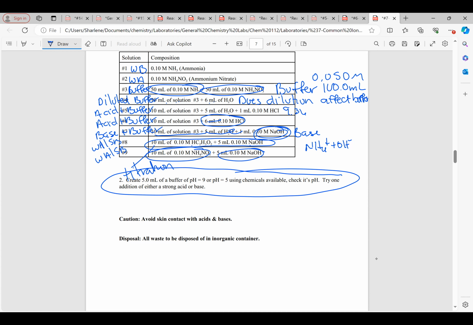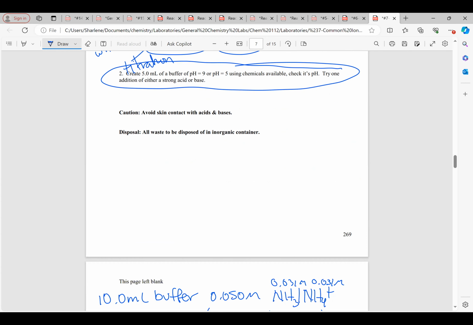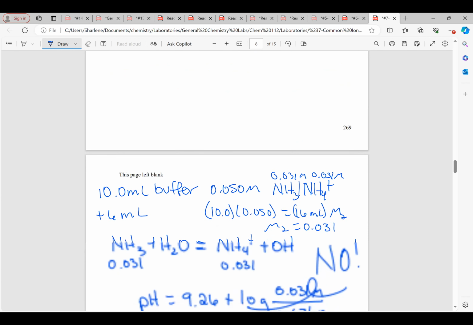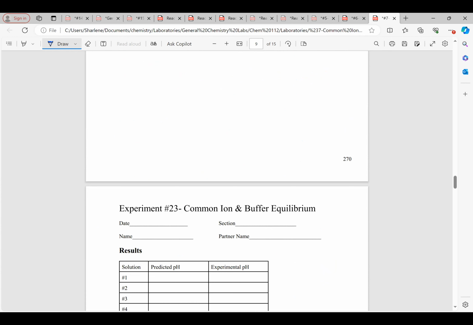And then you're going to add some strong acid to it and some strong base to it and see how it works. So this one will be in your lab notebook. That's your practical application. Probably won't get to that on Thursday, so that'll follow into the next Tuesday.